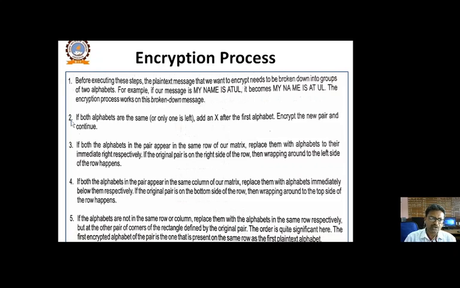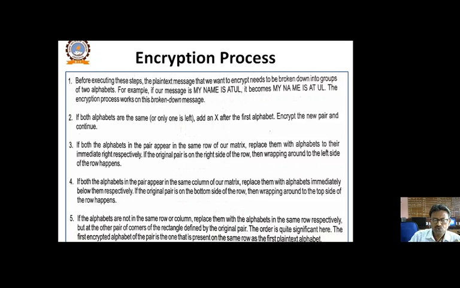Now, if both the alphabets are the same or only one is left: whenever we are breaking the total text into groups of 2 alphabets, there is a possibility that the 2 characters coming are the same. For example, take GOOD, G-O-O-D.